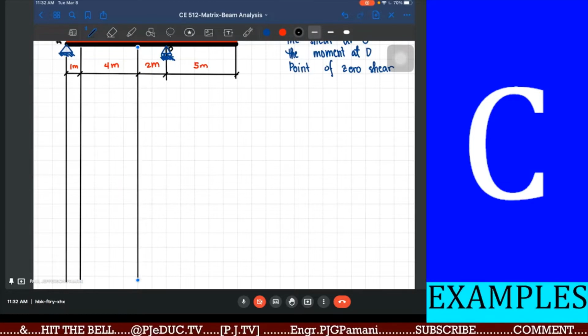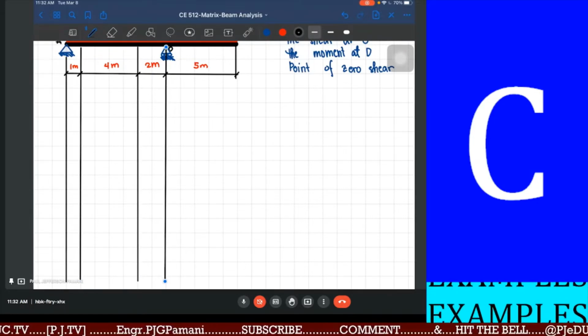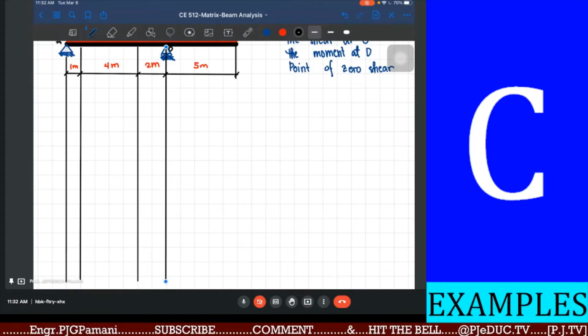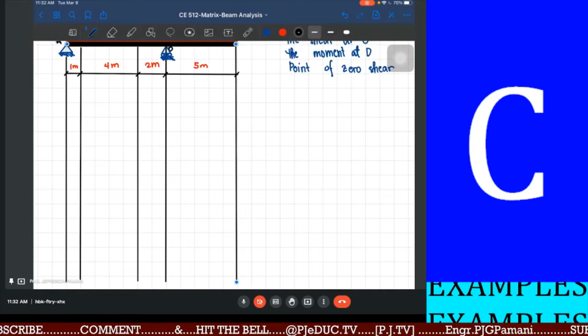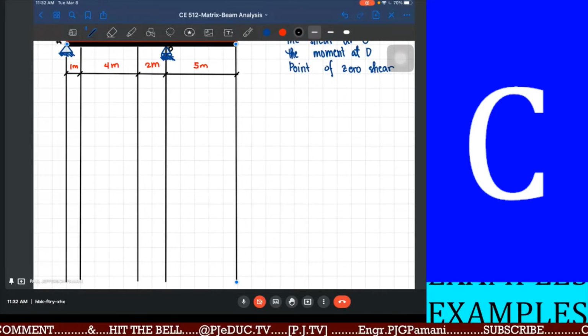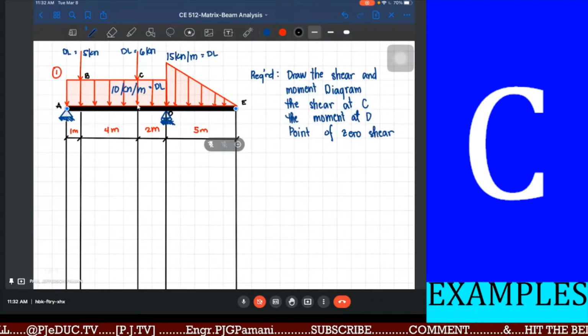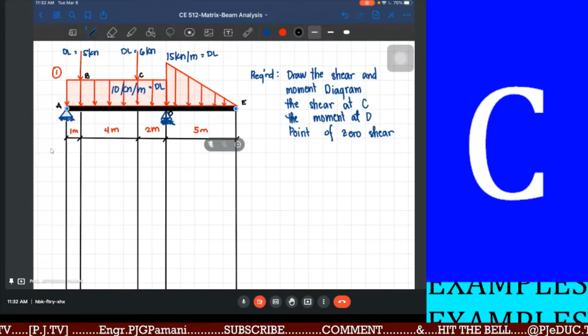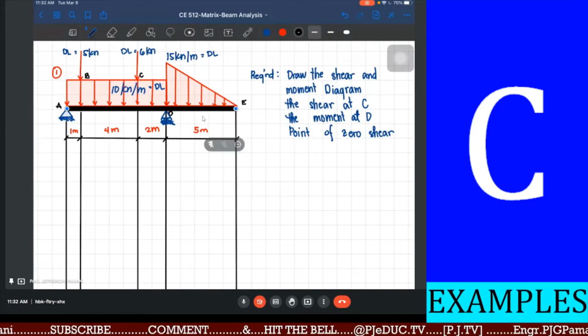Extend ko lang. Okay. Now, on our given figure, we have a uniformly distributed load of 10 kilonewton per meter over a total span of 7 meters on our beam.